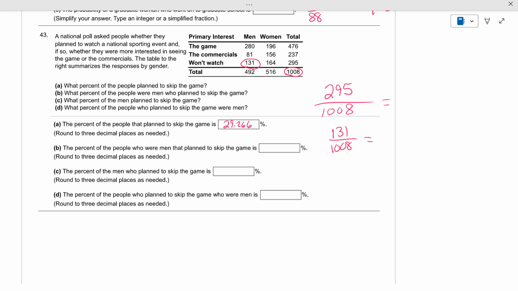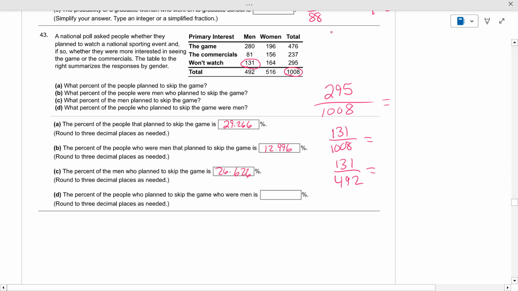So what's 131 divided by 1,008? 12.996. Now the percent of men who plan to skip the game: that's 131 out of the 492 men.